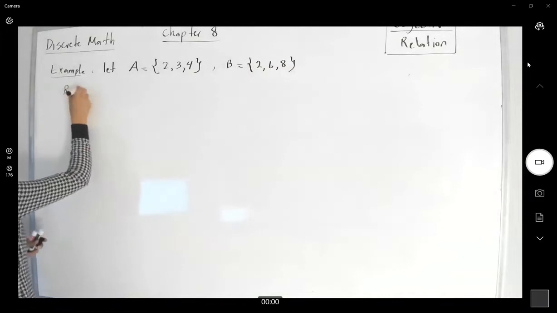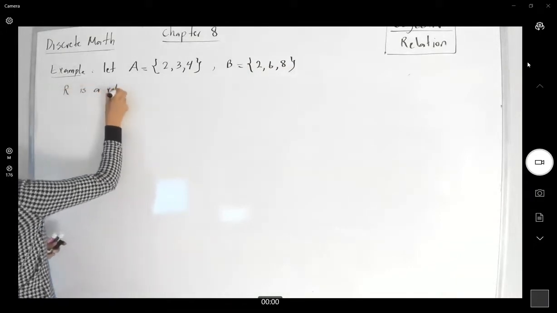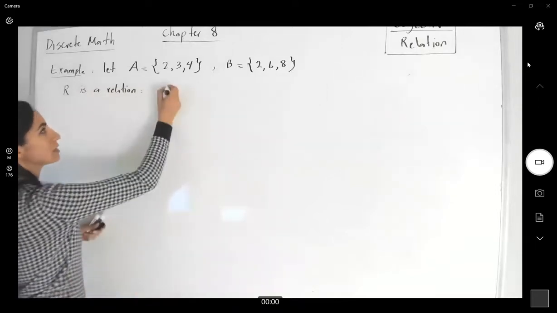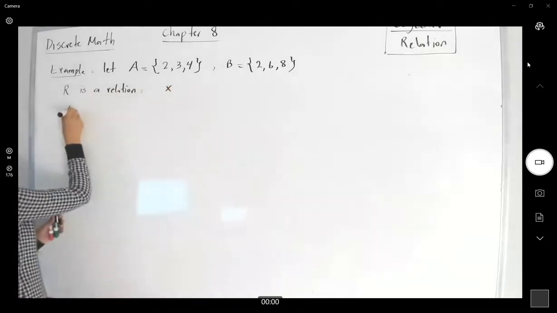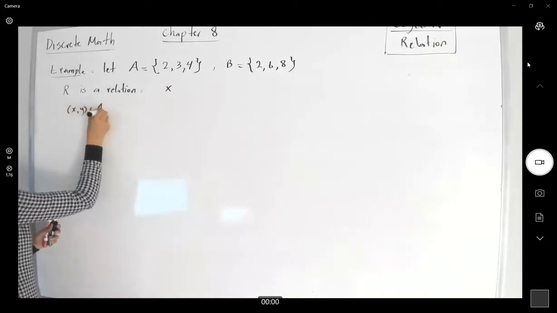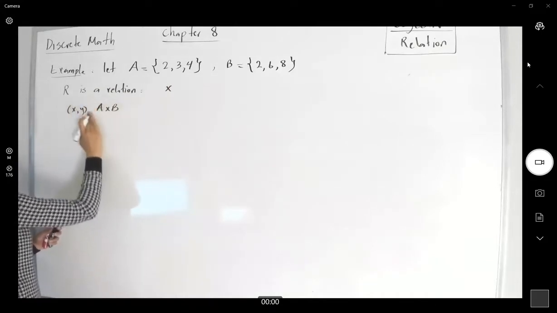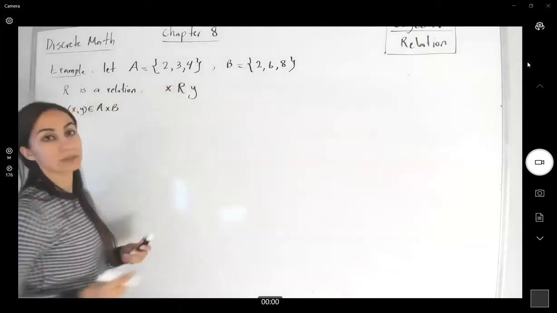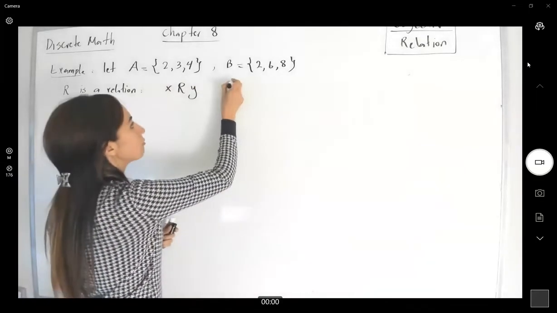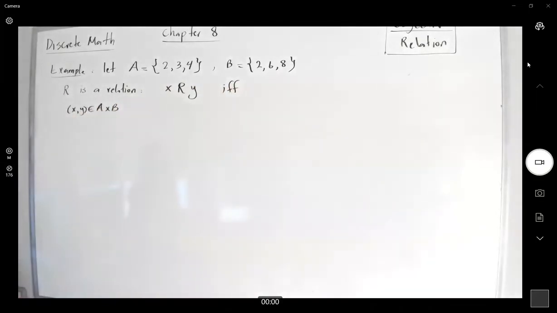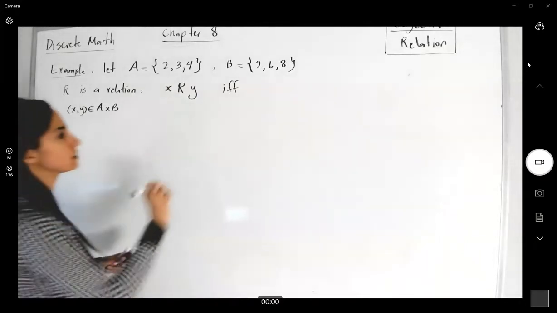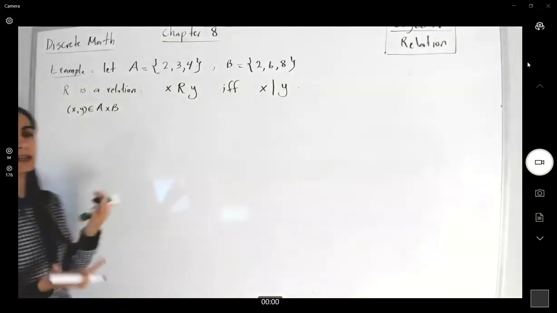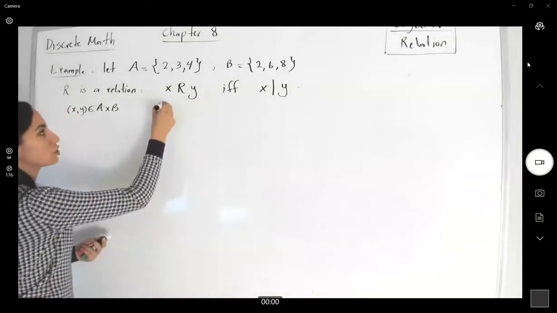R is a relation which is defined this way. Let us take X and Y belonging to the Cartesian product of A and B, and then X is in relation with Y if and only if X divides Y. So in other words, we can write down this relation this way.